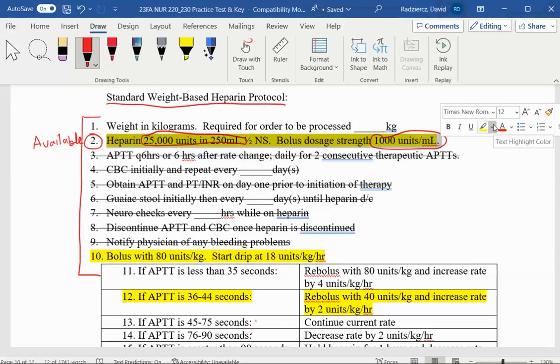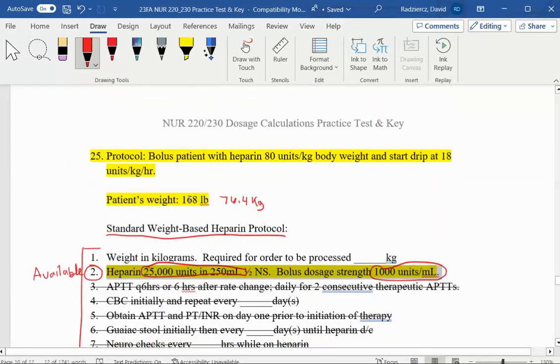So you have two different availables, and one you're going to use for your IV infusion rate, which is the 25,000 units in 250 ml, and then one you're going to use for your bolus dose calculation, which is the bolus dose strength of 1,000 units per milliliter. So let's work through one of these problems, and let's change the patient's weight.